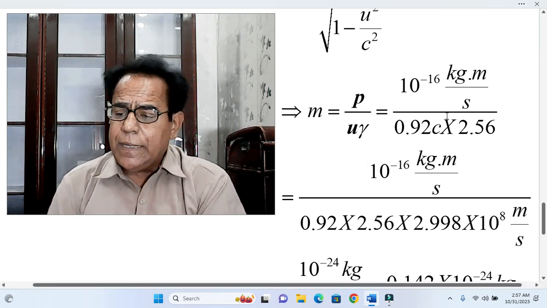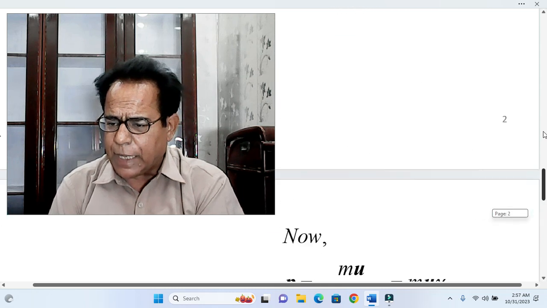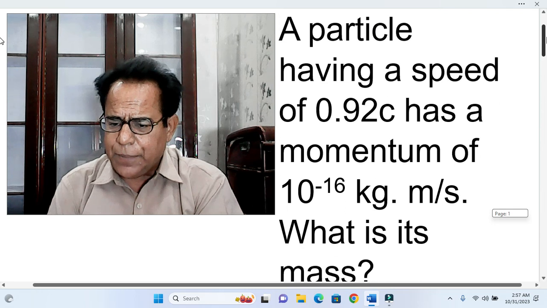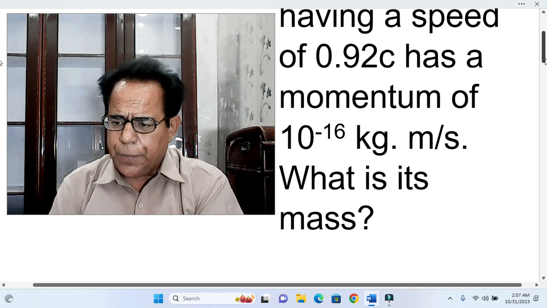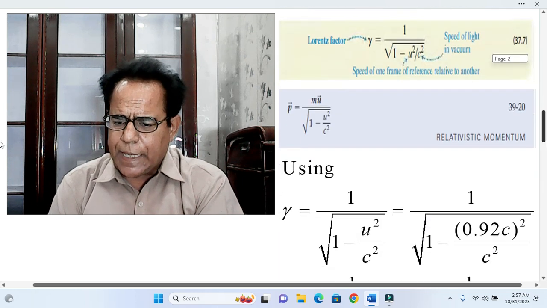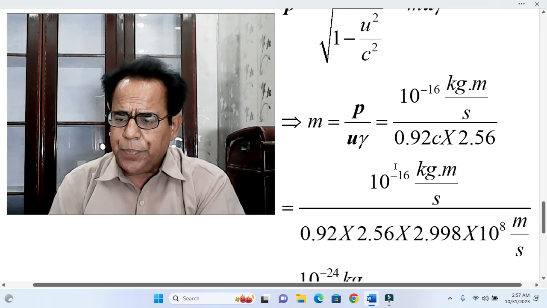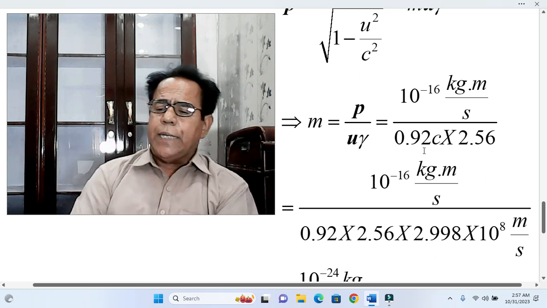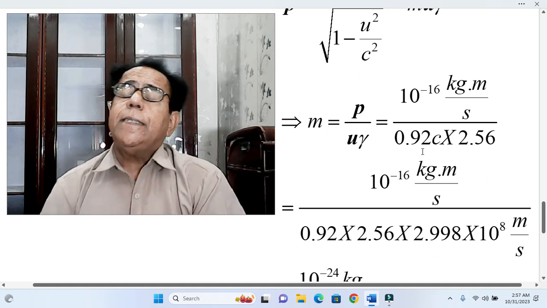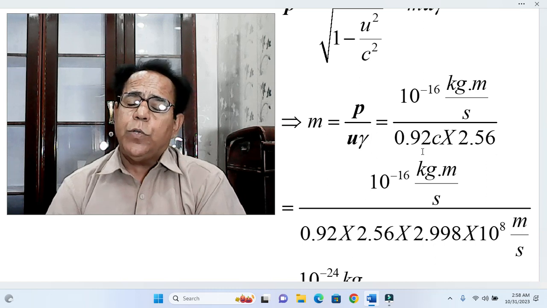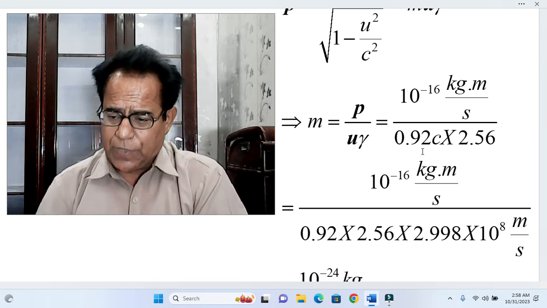Mass is equal to momentum over u into the Lorentz factor gamma. Momentum is given in the statement as 10 raised to the power minus 16 kilogram meter per second, and u is given as 0.92 c, that is about 92% of the speed of light, and gamma, which is just a numerical value without any units, we calculated in the previous step as 2.56.